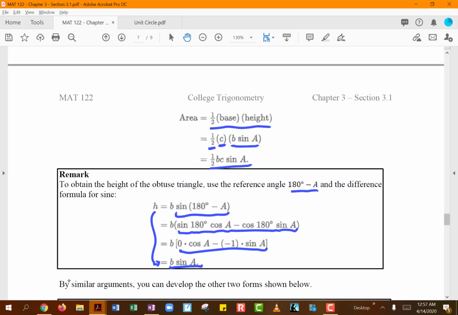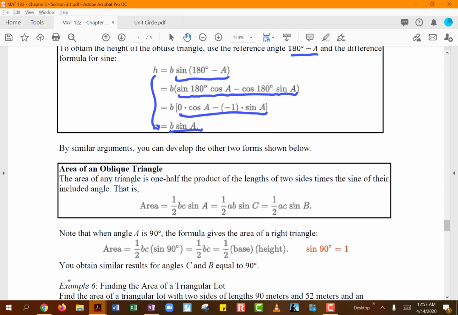Okay, so coming back to the area of our triangle, we have area equals 1/2 BC sine A, but you can actually show that same thing is going to be true for the other sides and other angles. So you can have 1/2 BC sine A, or you can have 1/2 AB sine C, or you can have 1/2 AC sine B. So the easiest thing to remember is the angle that you use, the other two sides.